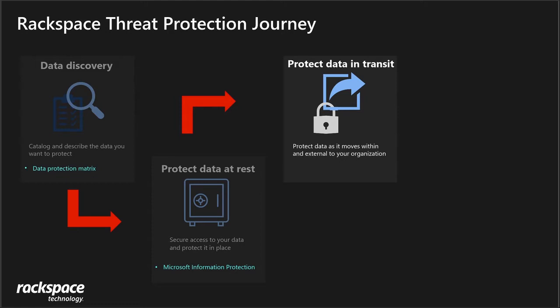Next, the most obvious thing is we have to protect that data while it's in transit, and that means data while it moves within your organization as well as external to your organization. If it travels outside, these are things like emails, sharing document libraries or documents in SharePoint, and Teams communications, which can potentially be external if you have people in Teams from outside of your organization. Then there are third-party SaaS applications.